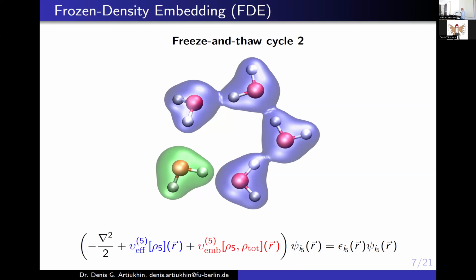If the non-additive kinetic energy in the embedding potential were approximated exactly, then by solving the entire problem iteratively and converging it fully, I should get the DFT solution for my entire system. However, that's not the case, and we can regard this entire approach as an approximation to DFT.